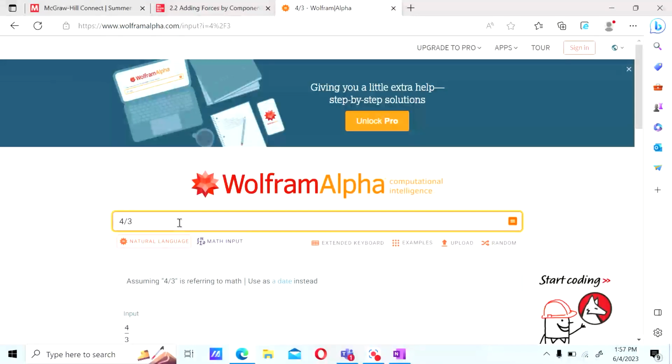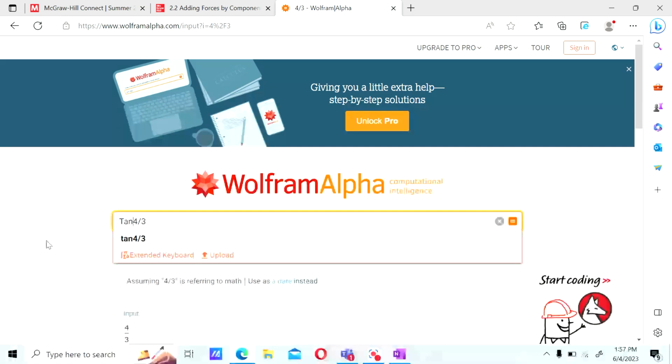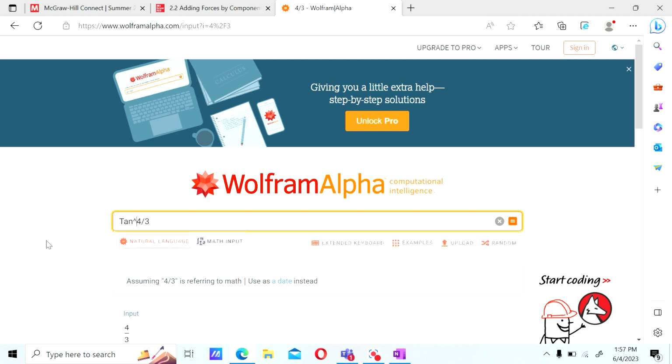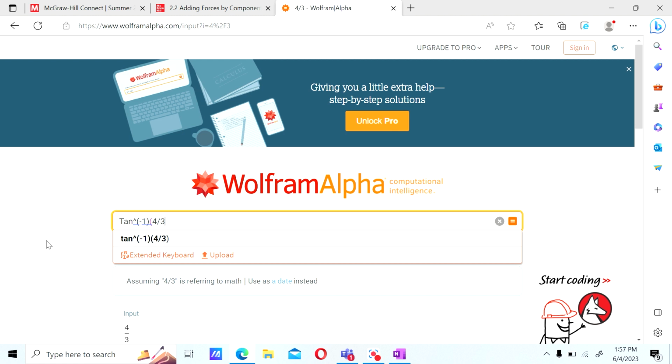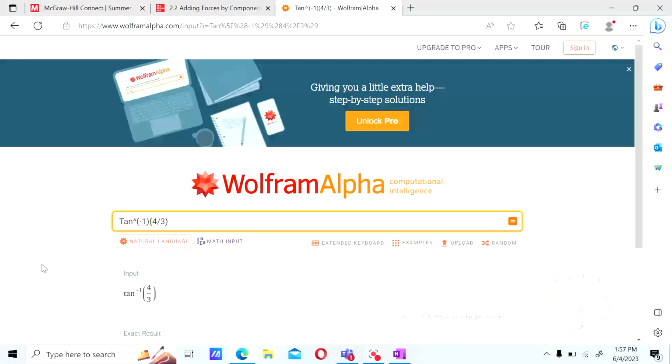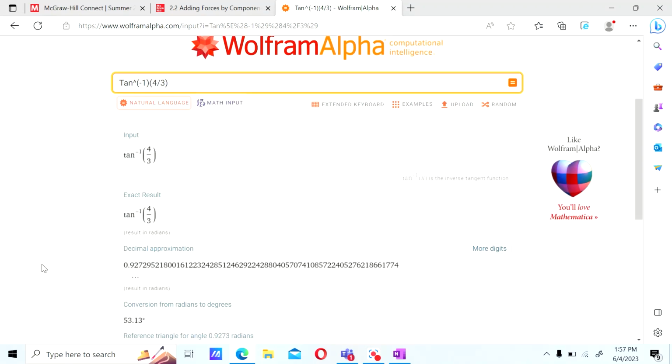Okay, so let's go ahead and do tangent inverse. Remember the hat. We're going to have to do parentheses because it's -1 of, or yes, alpha knows what I want. Okay, how much is this? Is 92.